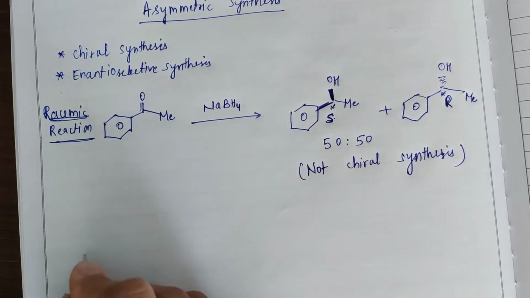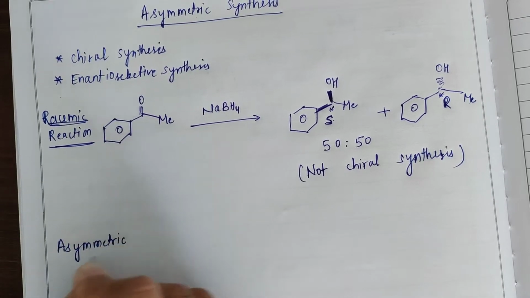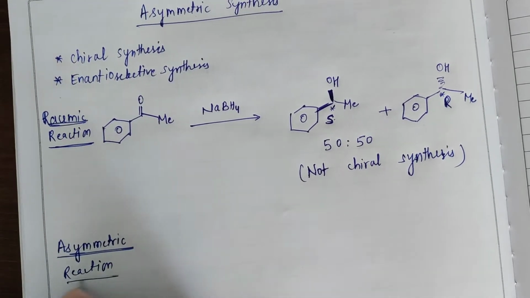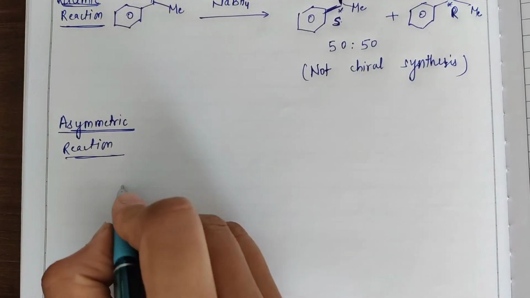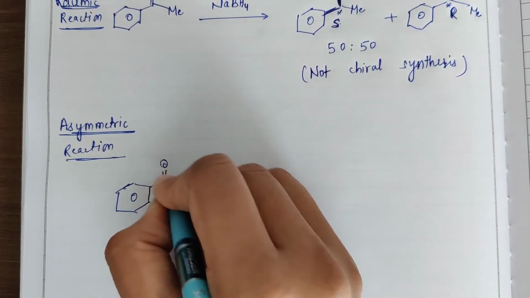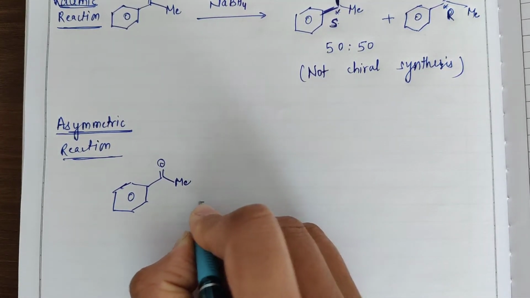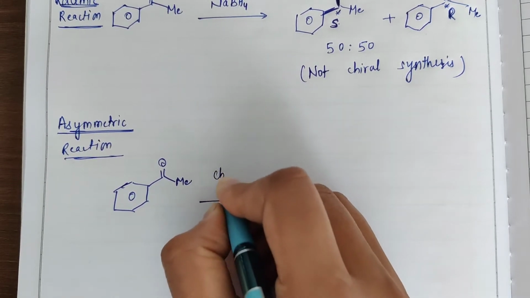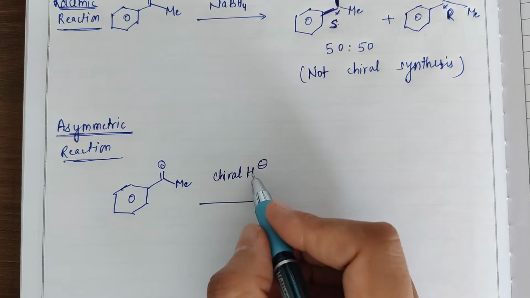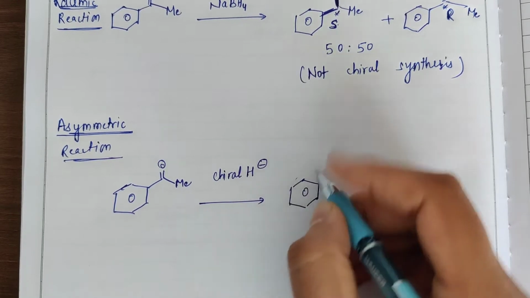But taking the same substrate and a chiral reagent, something which is chiral, and we proceed with this reaction, in that case what happens?